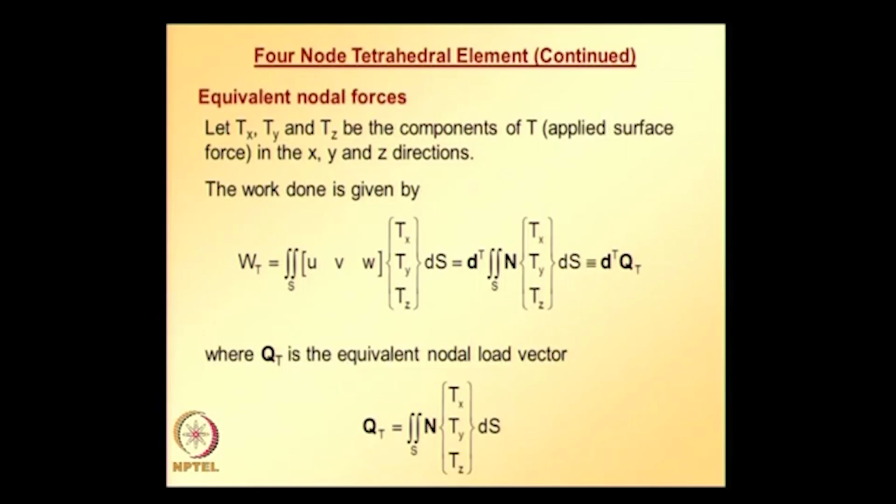So, to evaluate this q, integration can be performed in a closed form if specified surface tractions are assumed to be constant over the element, and this is for one face of the tetrahedral element, and similar integrations need to be performed separately for forces applied along different faces of the tetrahedral element.